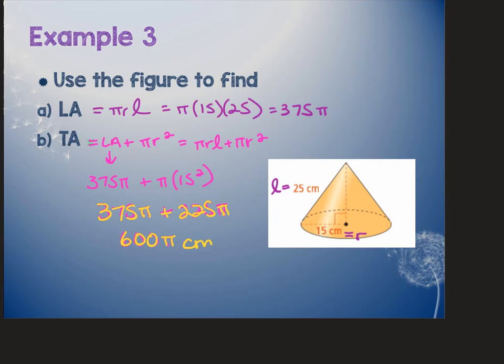And the unit here is centimeters, so these are both centimeters squared. Questions on that one?